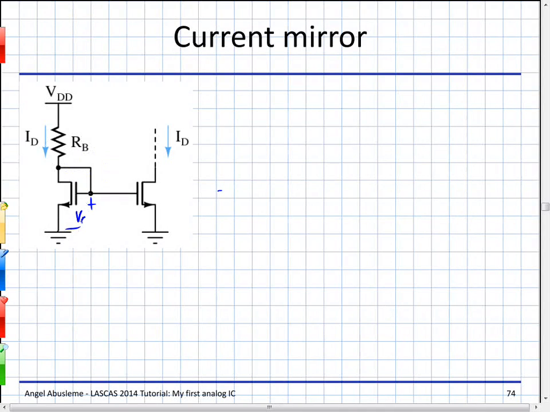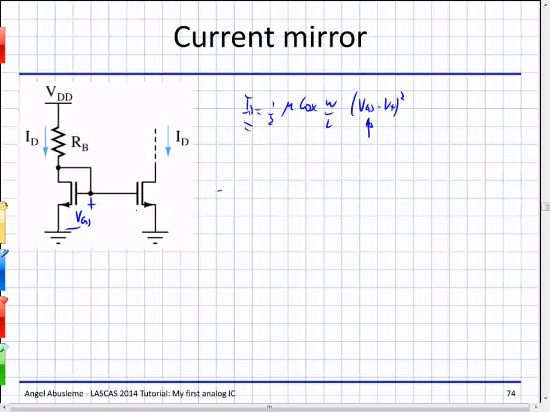So we have a VGS that will hold the equation. So this solves this equation and gives me the VGS I need for this current, okay? And then this VGS is copied here.